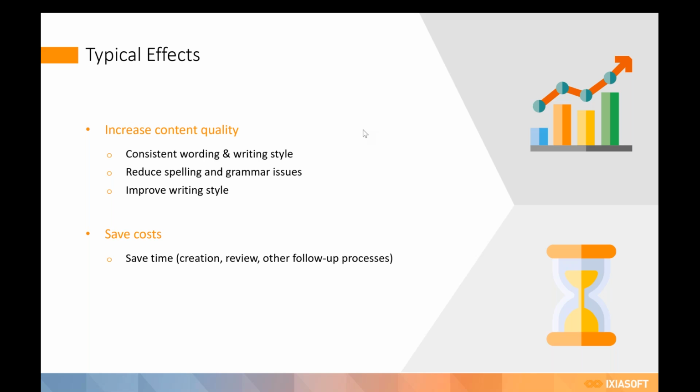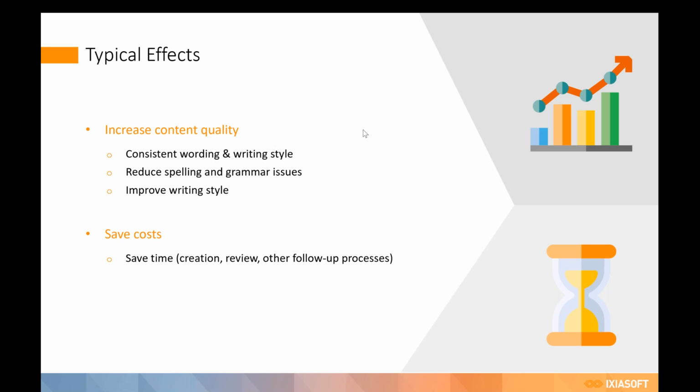As said, with the translation processes, for example, if you frequently have questions from the translation department about your content, they have to be answered. And if you reduce those questions by creating better content, you also save time for answering questions from the translation process, and this in turn saves you time in your creation process and thus costs. And those are the two typical effects.